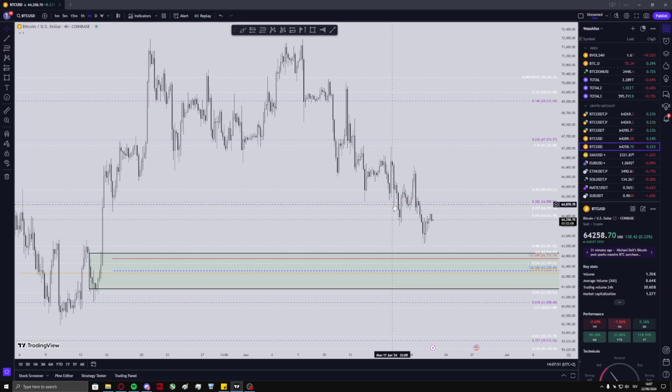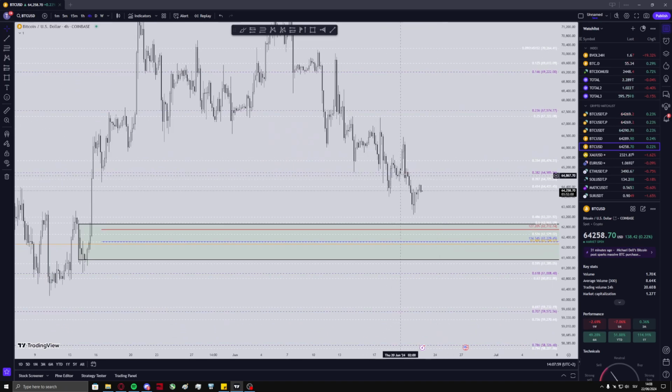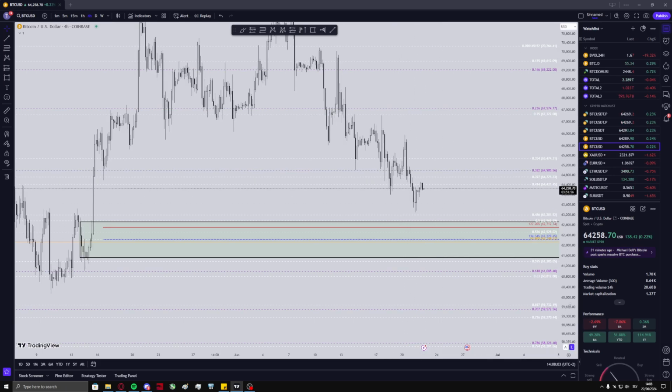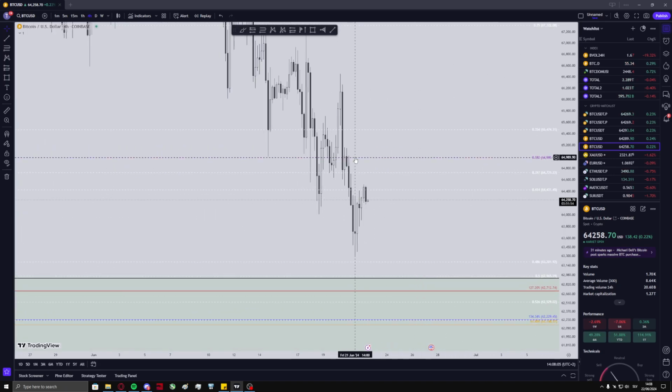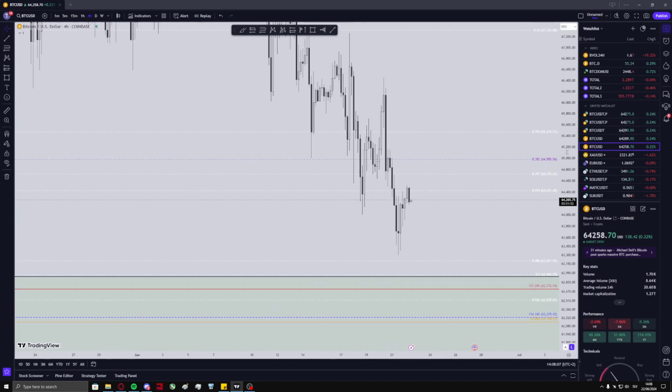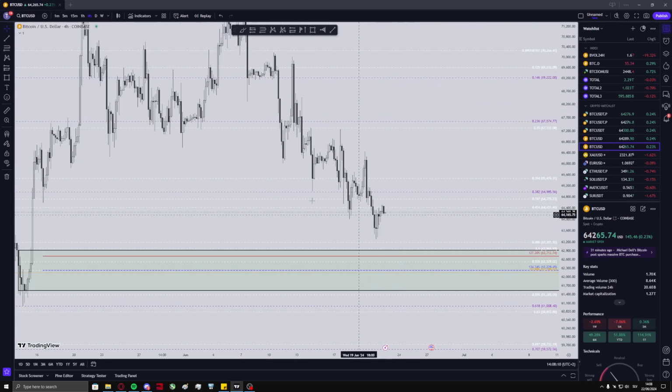The next area you had was this 382, right? You can clearly see this was trying to support the price, but ultimately we broke down, and we kind of retested, but it's not really a super good retest. So I would say coming back up here, we likely reject.